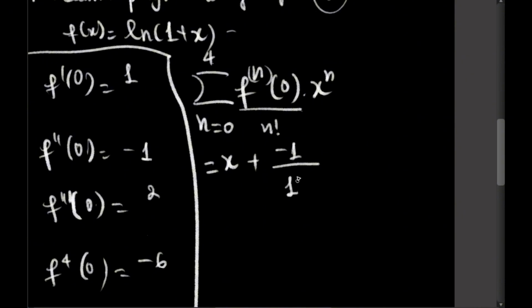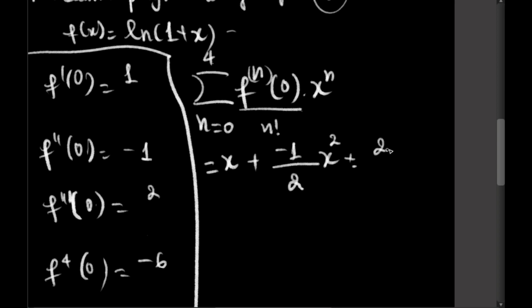Okay, and now that's actually, I'm sorry, because this is n equal to 2, right? So now we're going to multiply with x squared, because the factorial of 2 is 2.